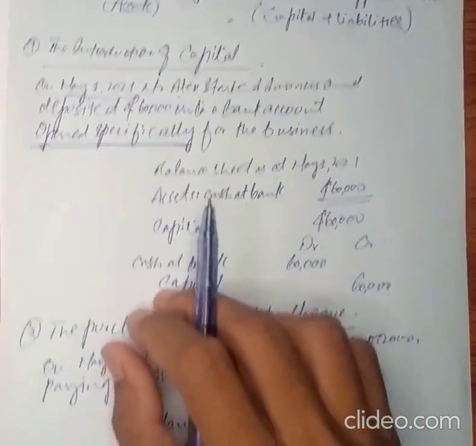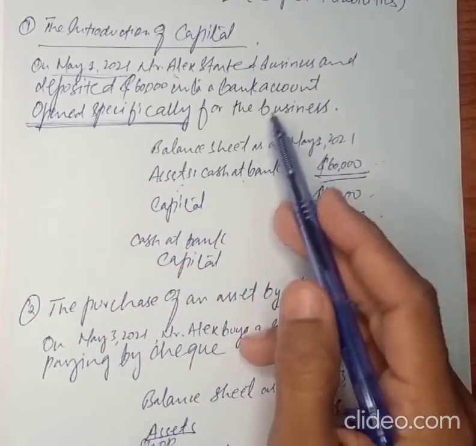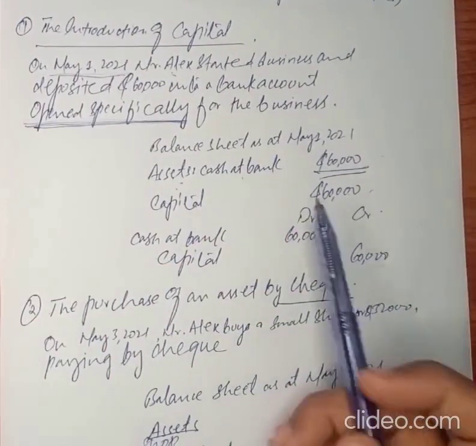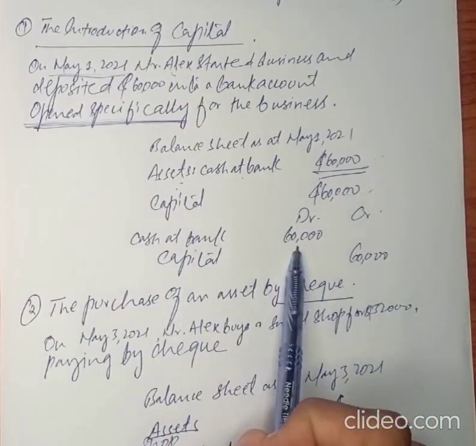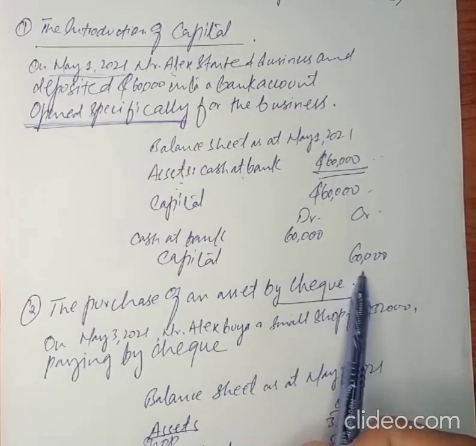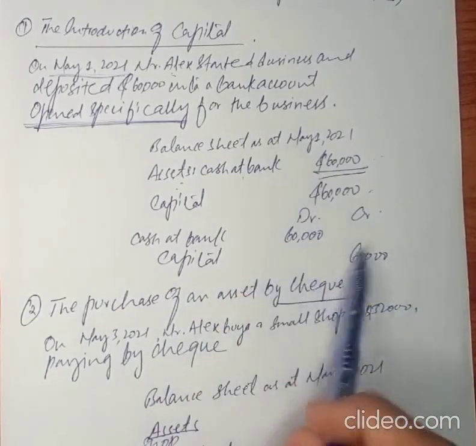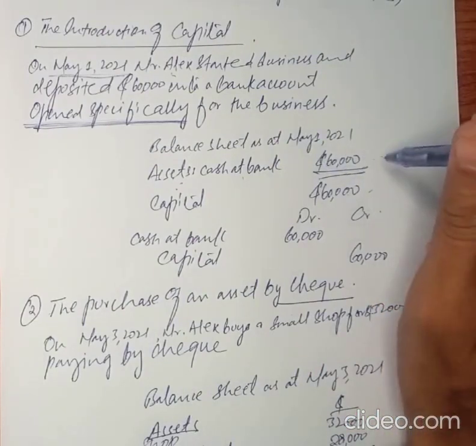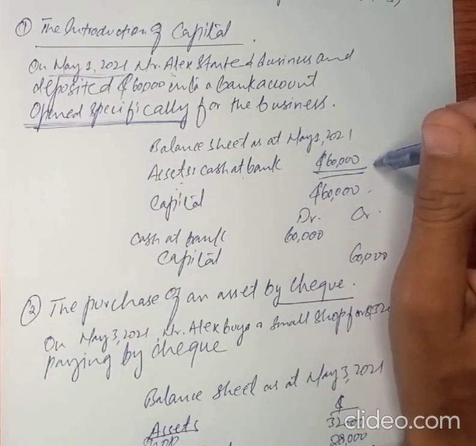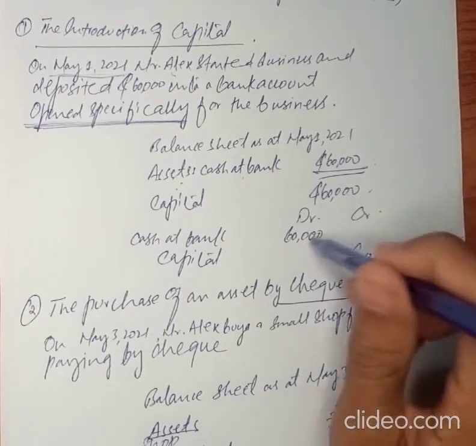When we pass the journal entry of this transaction, it should be cash at bank debit and capital account credit. Here we are explaining the impact in the balance sheet, and the journal entry like debit and credit.